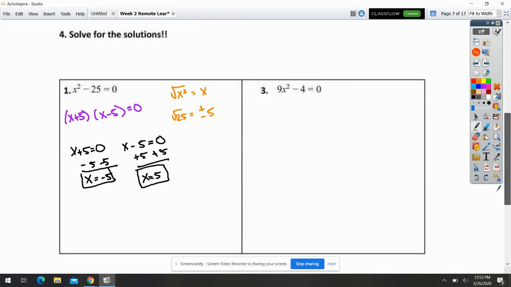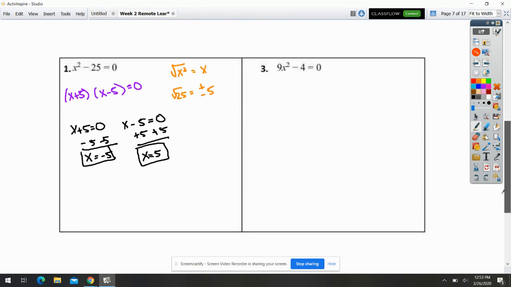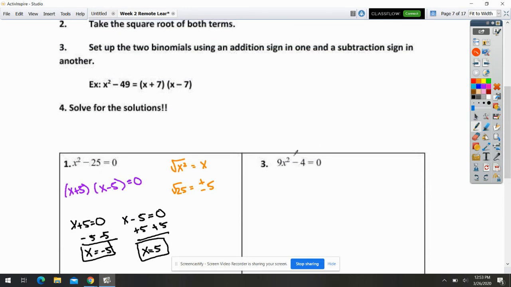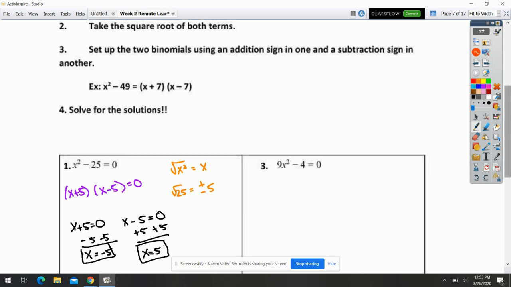All right, let's move on to our next example. So here we have 9x squared minus 4. All right, so let's look at number 1. Is there a GCF here between 9 and 4? Nope, there's no GCF. So next step, it says to take the square root of both terms. So the square root of 9x squared is 3x, okay?